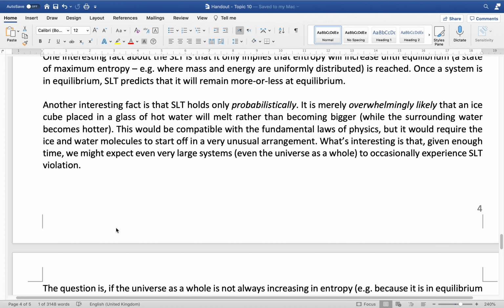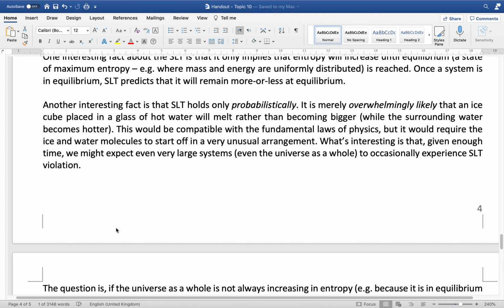So, if there are enough instances of meltings in the universe, if the universe is big enough, maybe temporally big enough as well as spatially big enough, then eventually, sooner or later, I guess law of large numbers, you're going to get a bit of ice growing and getting colder in hot water rather than vice versa.